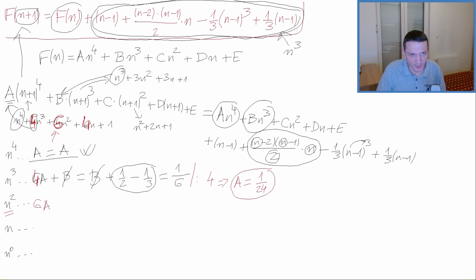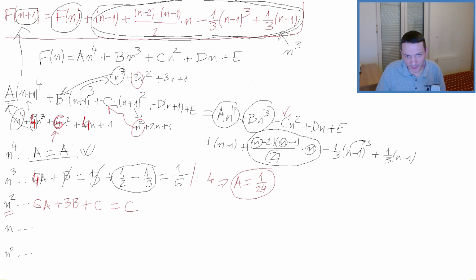Now we have 6a. We have here 3 times b, plus 3b. We also have this n squared times c here, so plus c, and this is all on the left. On the right we have this one with c here.